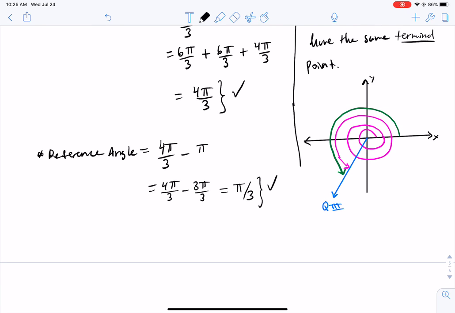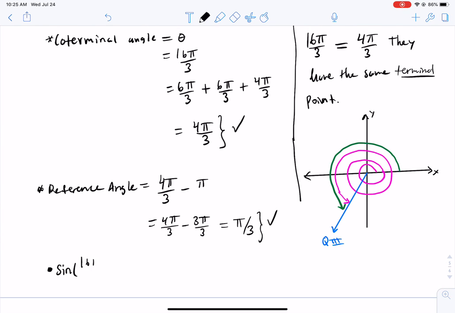Now, this is what we're going to do. Let's start with one of them, sine, for example. Sine of 16 pi over 3, they gave us. We're going to say that this is the same thing as sine of 4 pi over 3, because they are exactly the same, it's just going around the circle.